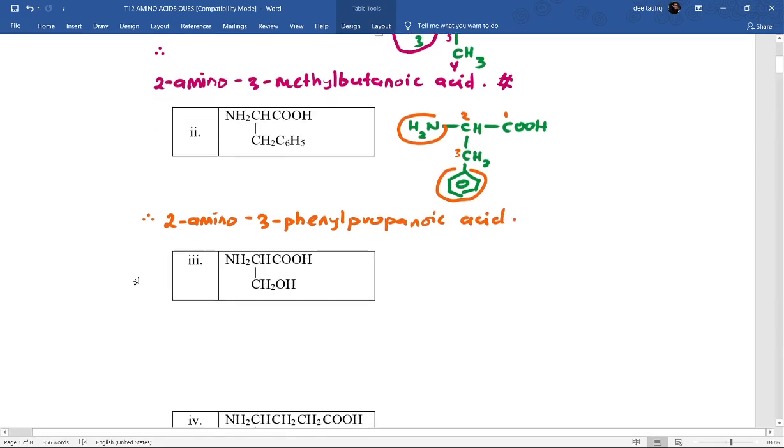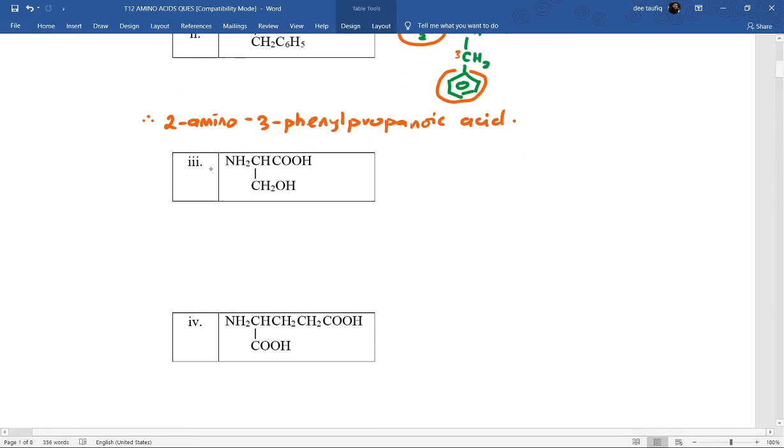Right. Next, number 3. We have our NH2 bonded to CH. Here we have COOH, and then CH2, and then OH.